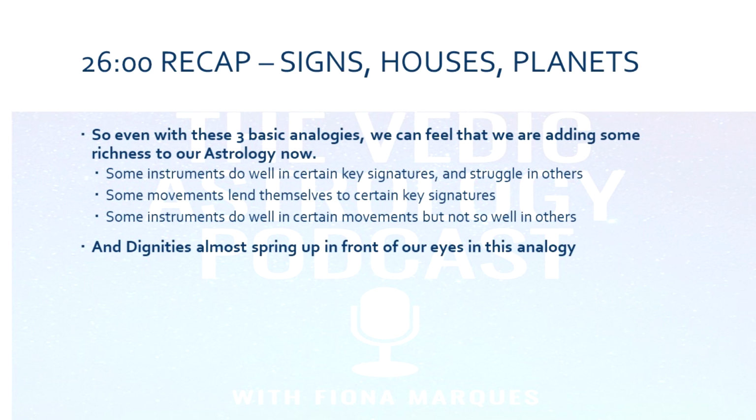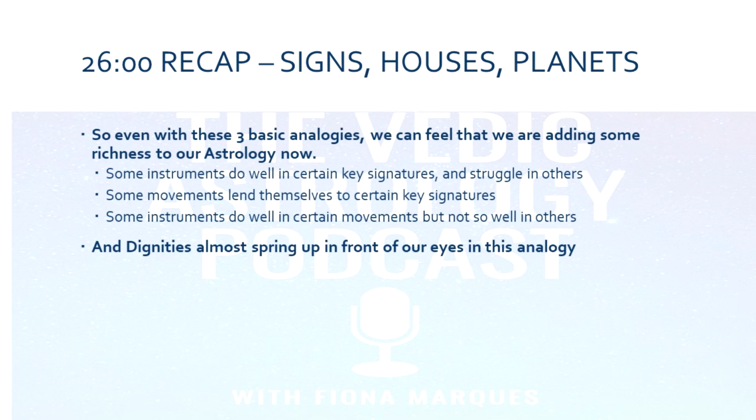As we spoke about, you can imagine supposing to have this allegro, upbeat, first house, first movement kind of energy, and it's written in one of those melancholy F minor, deep depression, funeral lament kind of keys. And some instruments do well in certain movements of music and others don't do so well.